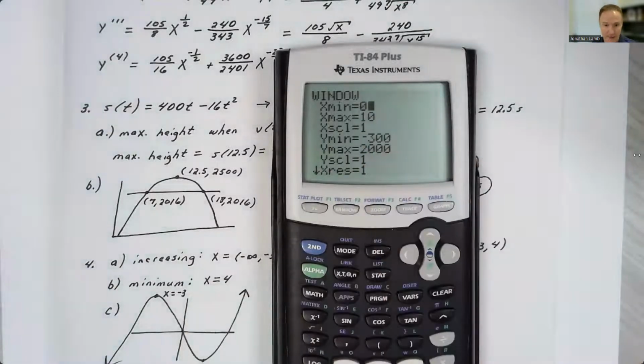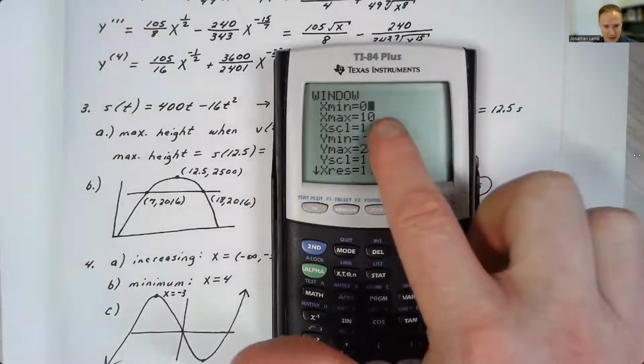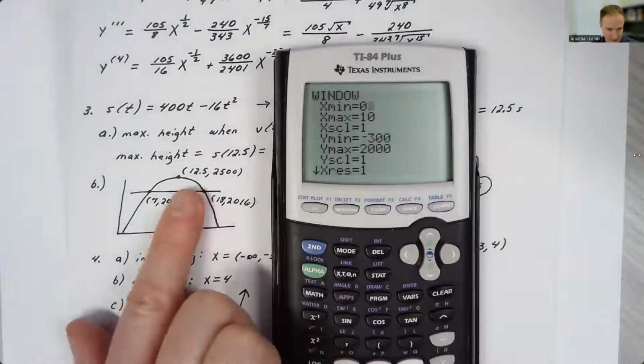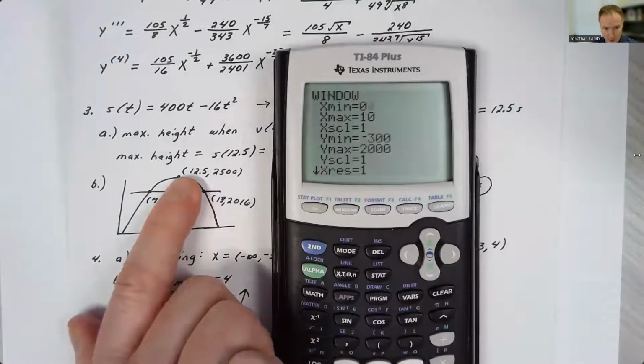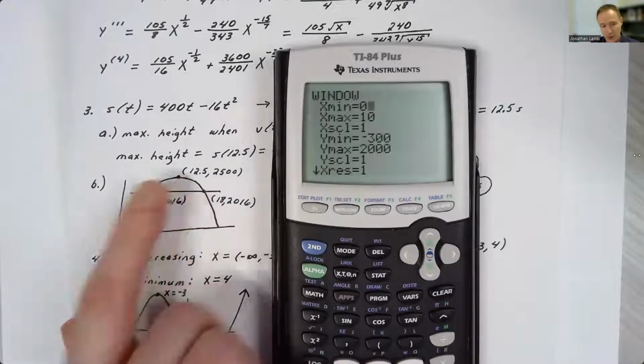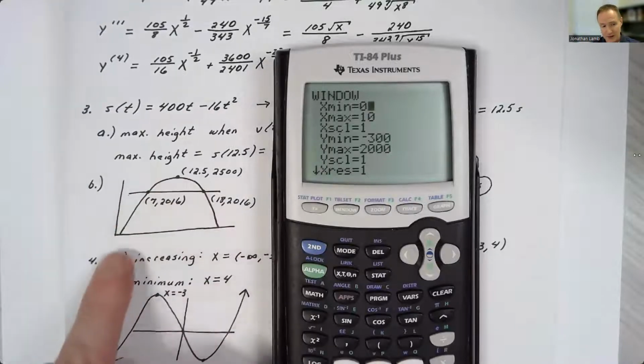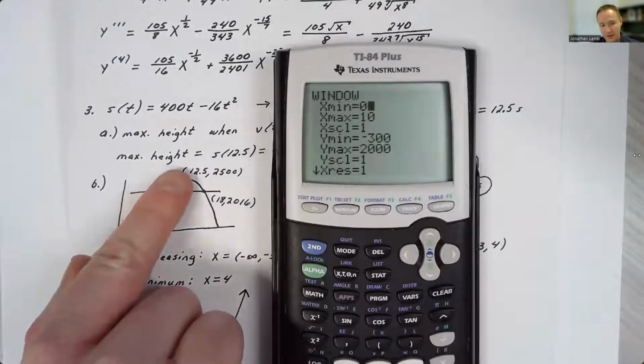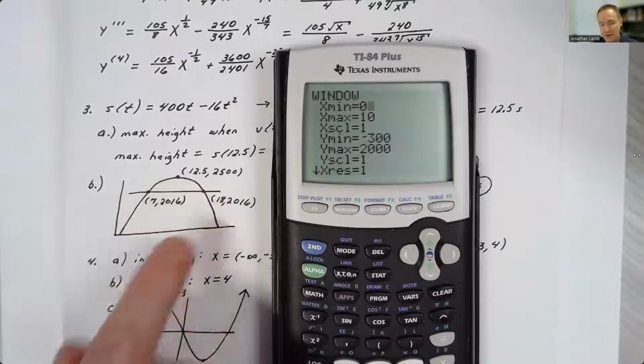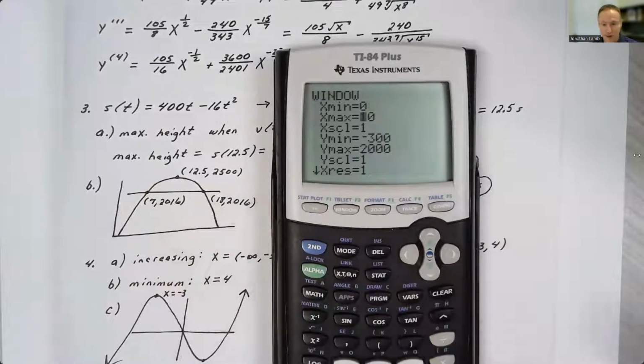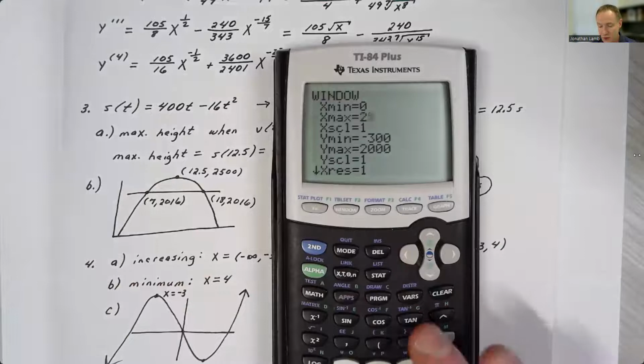So I'll start x at 0. Now 10 is not enough because we already know the maximum height occurs at 12.5 seconds. So if you want to follow the entire path, it takes 12.5 seconds for it to go up. It's going to take 12.5 seconds for it to go down. So I would recommend just choosing 25. I double the time it takes for it to get to maximum height.